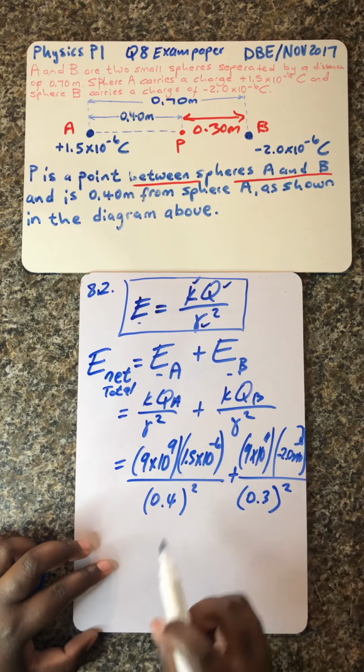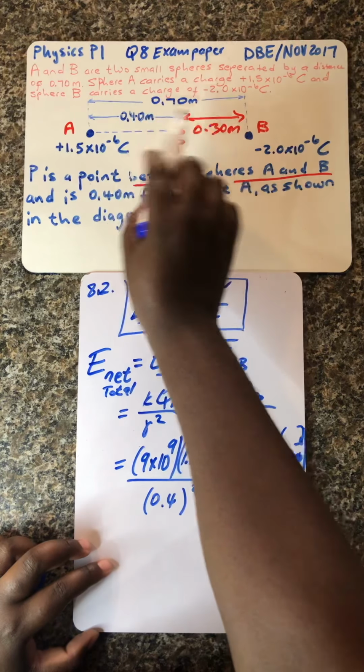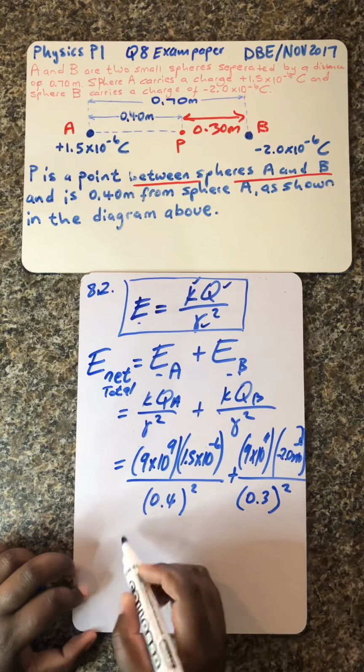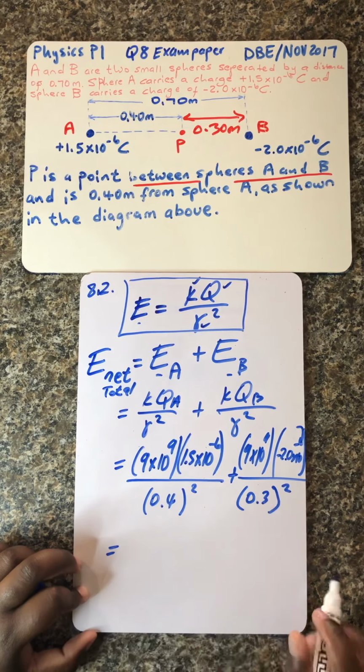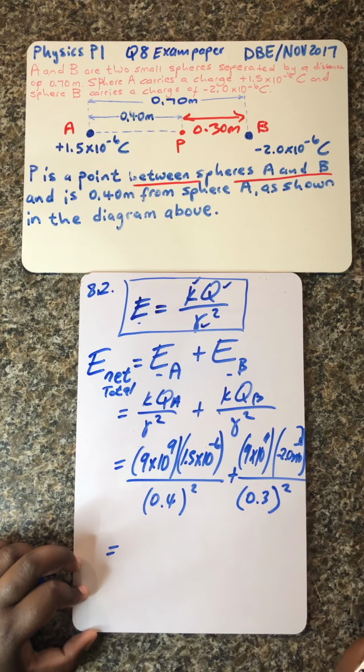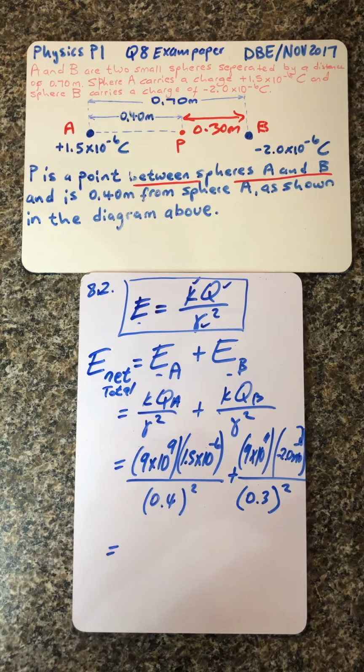Why 0.3? Because when you add these two, they have to take you back to the given total distance. So guys, if you've got a calculator, you just need to punch all of this in and see what answer you get. Let me quickly check my calculator, and then I will tell you how to punch that on a calculator.